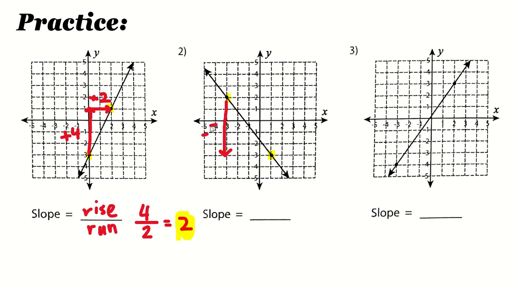So since we are going down, that's going to be a negative 5. And then we are doing our run over 1, 2, 3, 4. And we're still going to the right, so that is going to be positive 4. So our slope is going to be negative 5 over 4. It does not simplify, we just leave it at that.